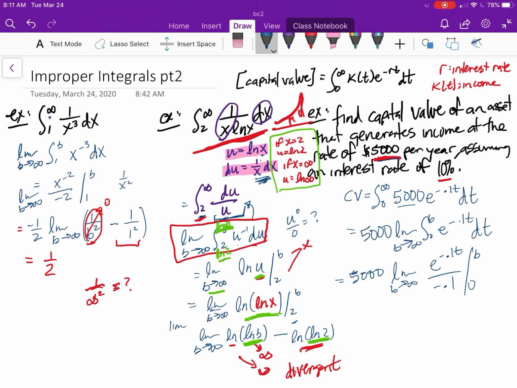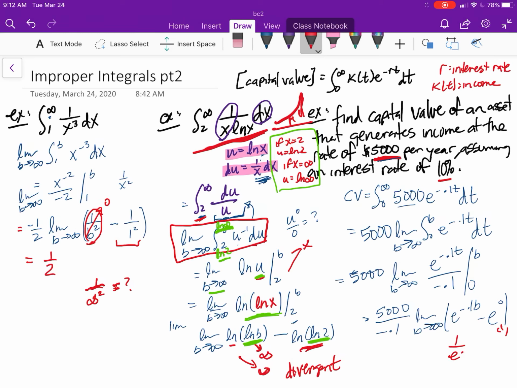Let's factor out that negative 0.1. So 5,000 over negative 0.1, limit as b goes to infinity, e to the negative 0.1b minus e to the negative 0.1 times 0, which we know e to the 0 is just 1. But this e to the negative 0.1b, what does that mean?